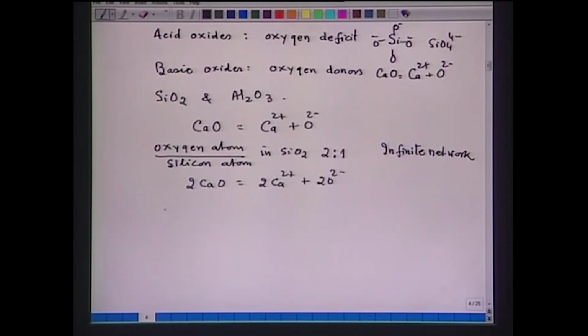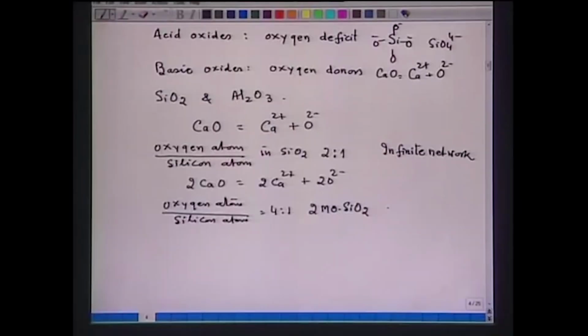That means now I have this oxygen atom upon silicon atom ratio equal to 4:1, that means the composition will be 2 MO into SiO2, or 2CaO·SiO2.